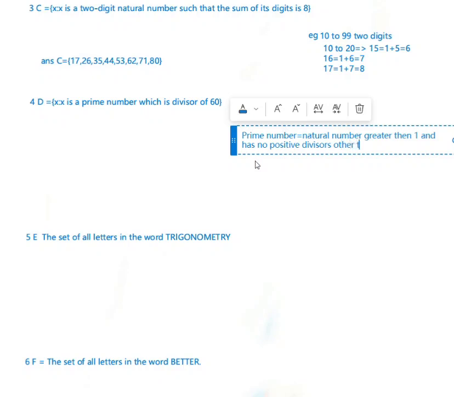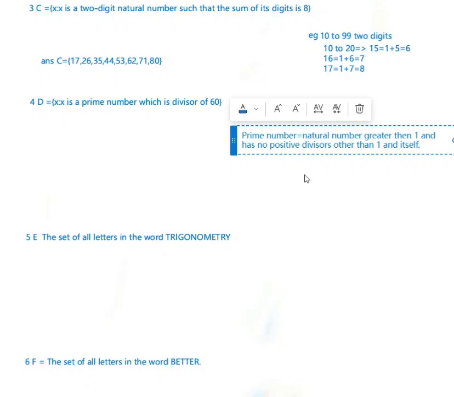So this is the definition of a prime number.